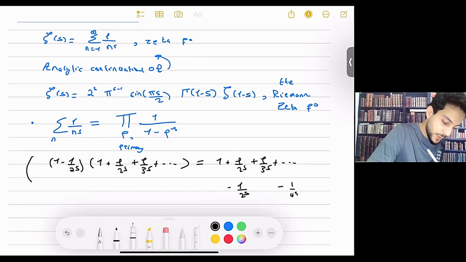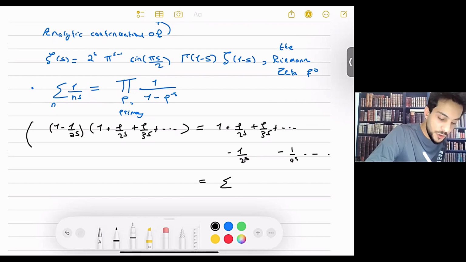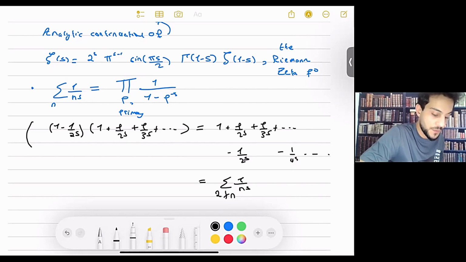After we hit this by this thing, we get that this should be the same sum. However, we're summing over all n that are not even. So we omit all the even terms.